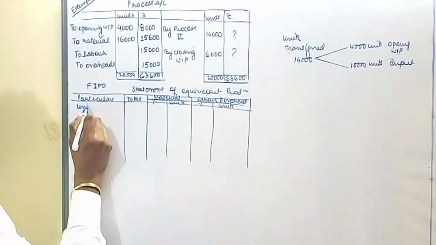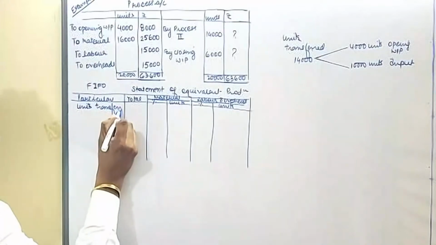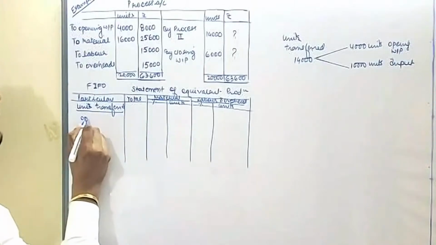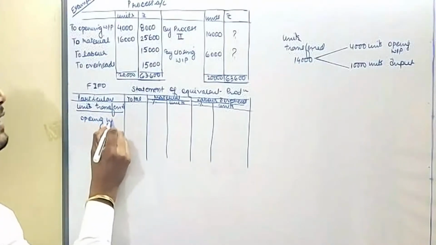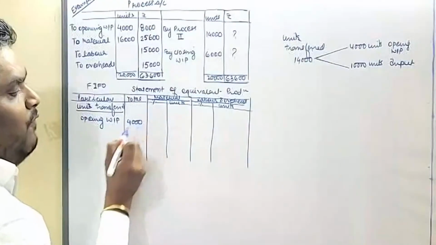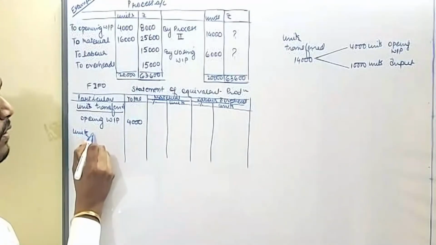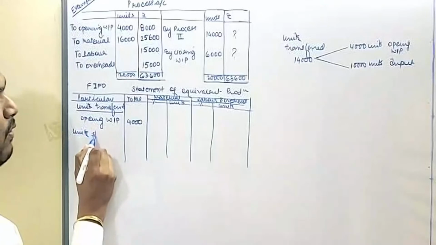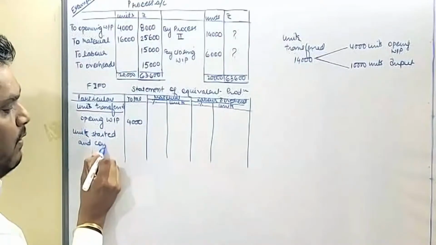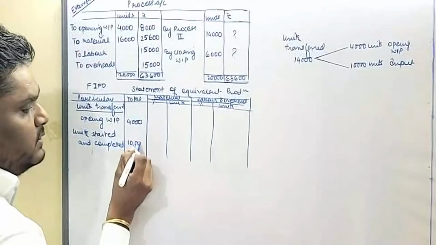When talking about units transferred, it will be from opening work in progress, 4,000 units, and the balance from the units started and completed, that is 10,000 units.